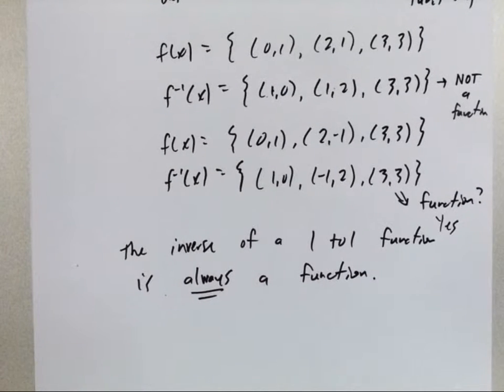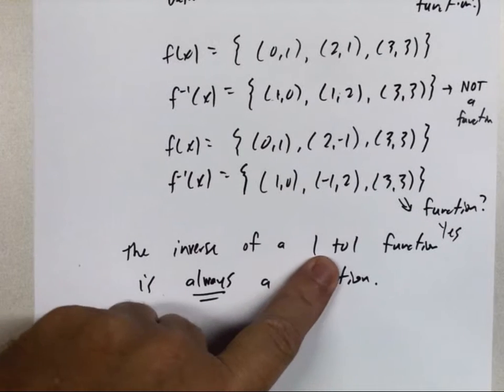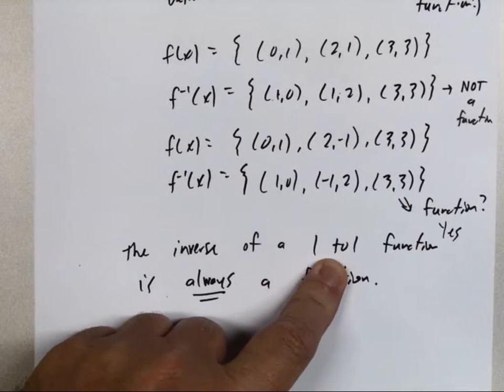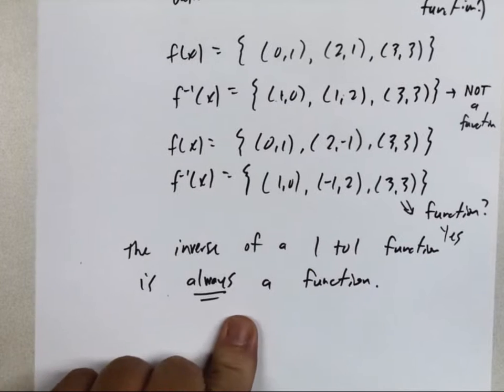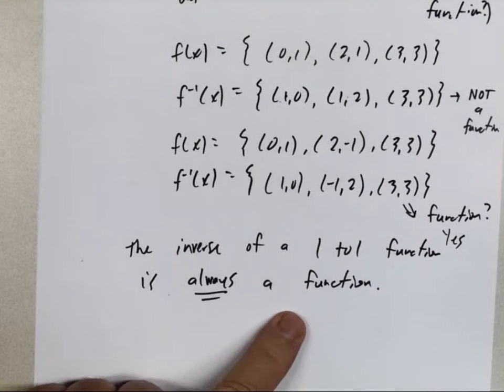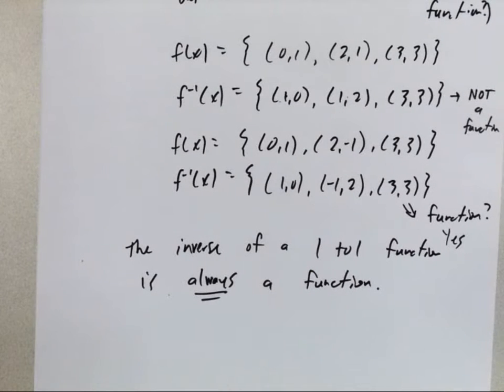When you have a function and you're going to take the inverse, you're wondering before you even take the inverse, will the inverse of the function also be a function? Before you ever calculate the inverse, you can determine it. And what's the key? You go look at your original function. You say, is my original function 1-to-1? If it is, then I know, without even doing it, the inverse is going to be a function.